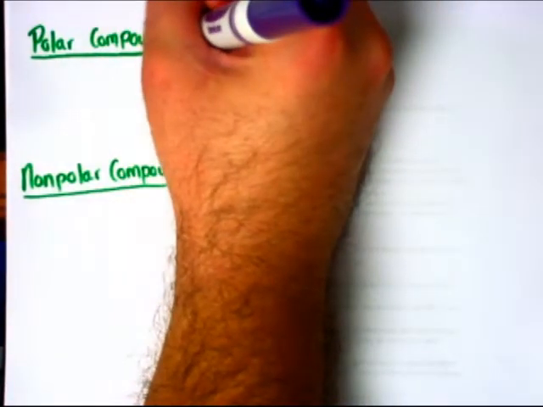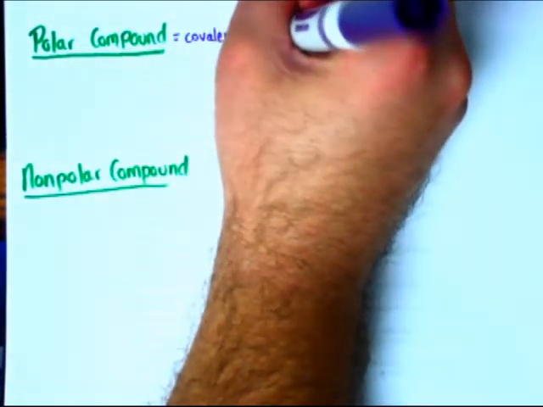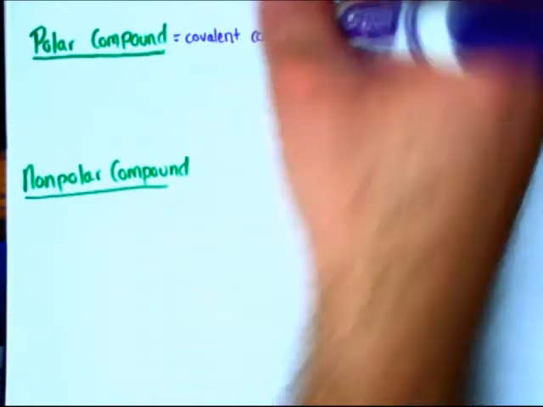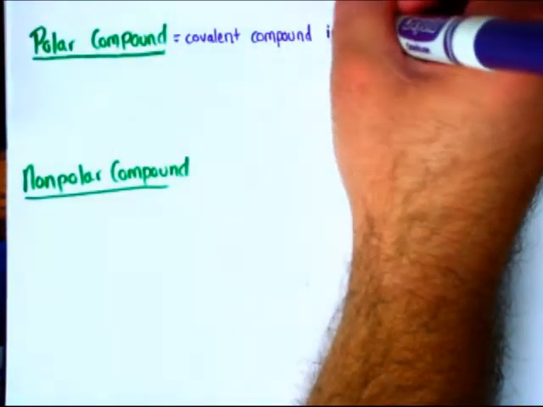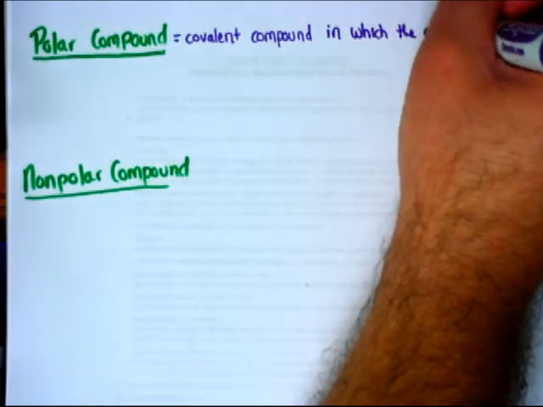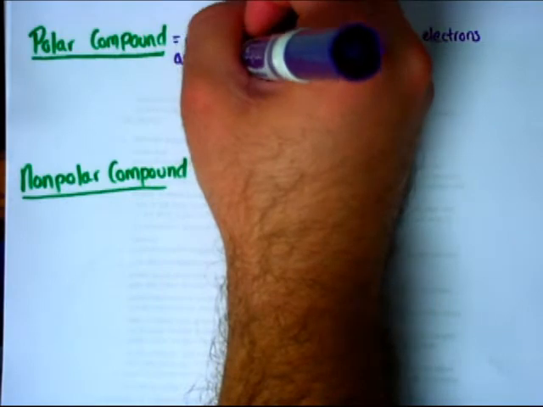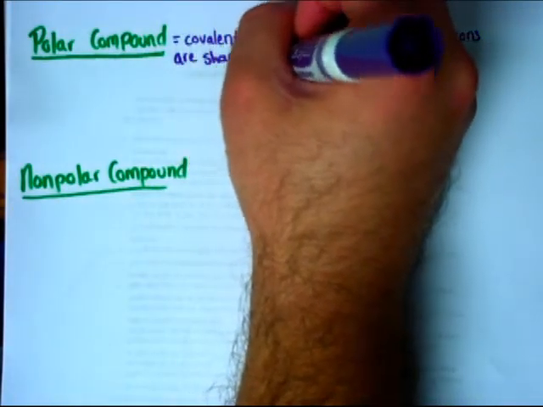So this is a covalent compound in which the electrons are shared unequally.